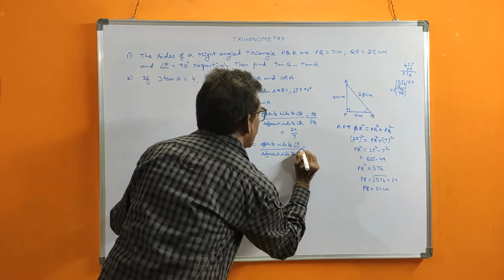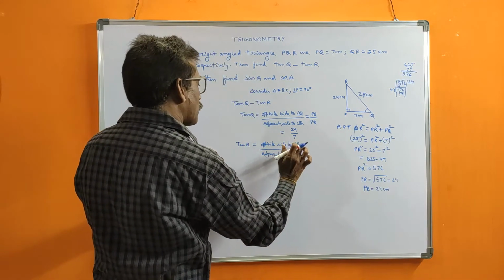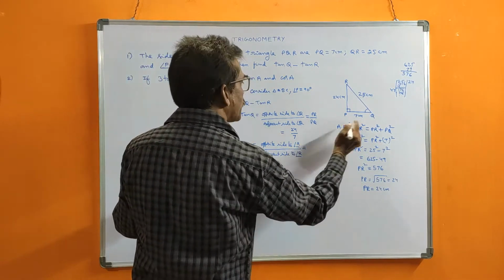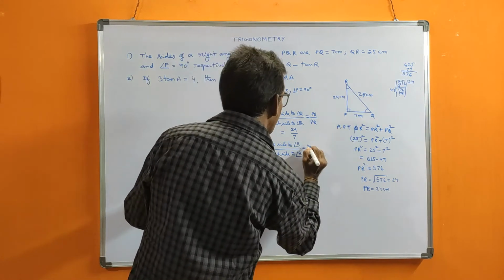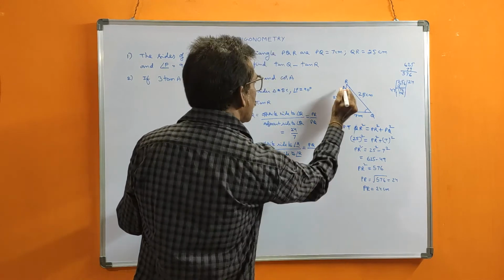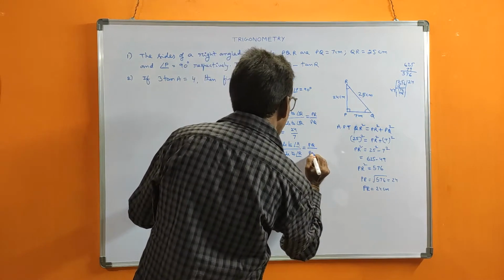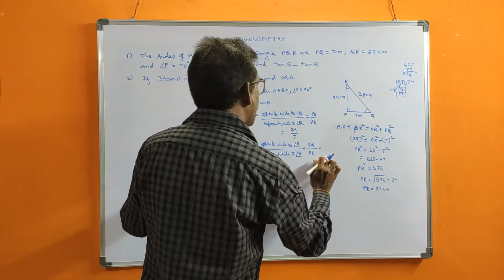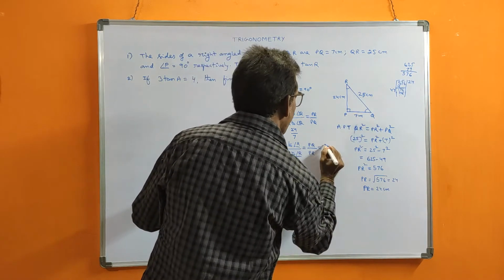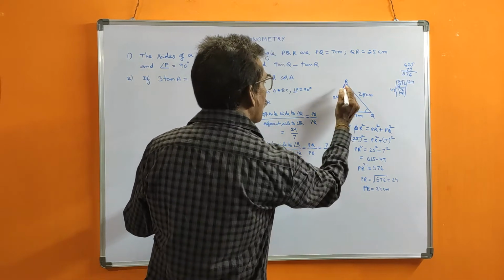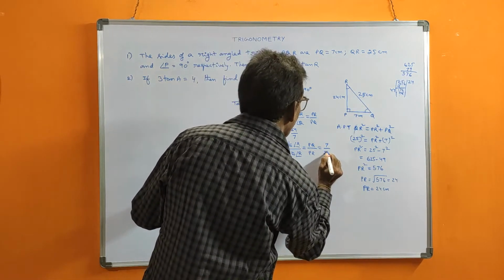We are considering R. So according to R, the opposite side is PQ by the adjacent side PR. You only write the sides. PQ 7 by PR 24.